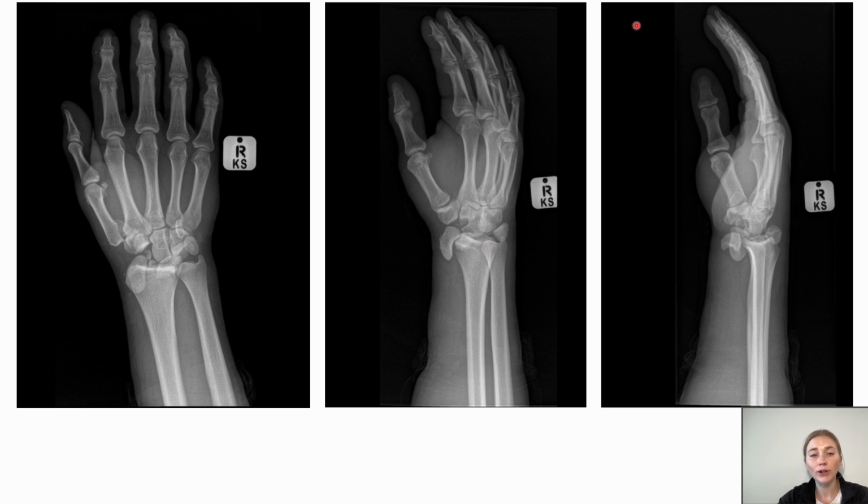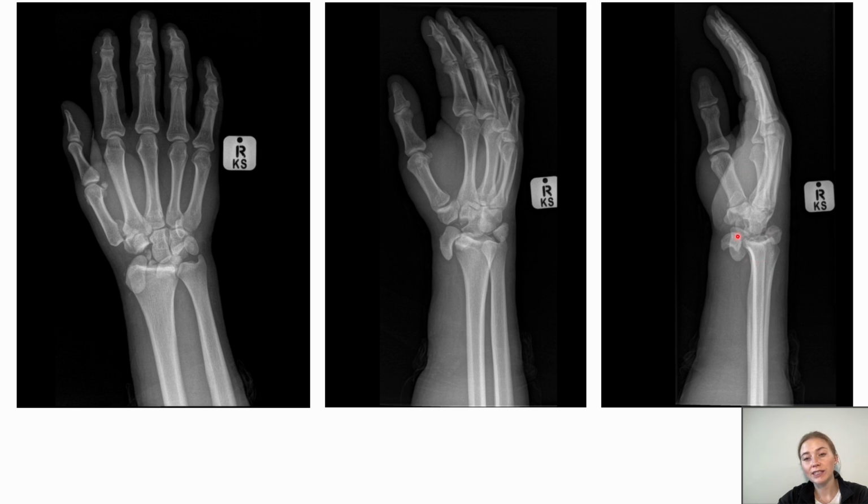The scaphoid as well is rotated and displaced volarly. So you can kind of see it there. It would be the duck body, and you can see it volarly displaced there. The triquetrum is also rotated and displaced dorsally, and you can see that best on this lateral view. It's kind of sticking out there where it shouldn't be.